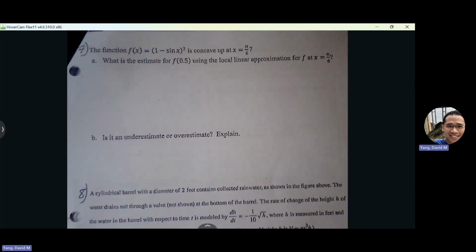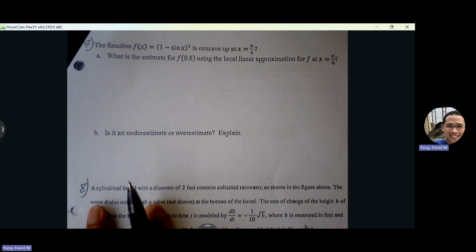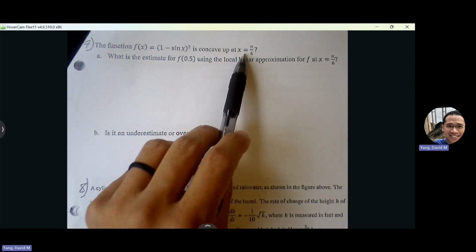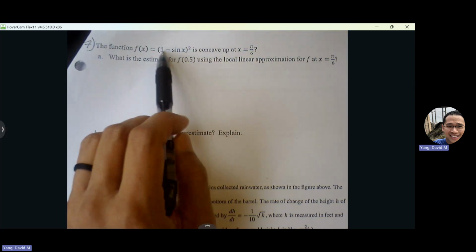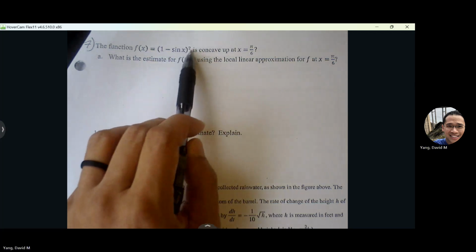As you build your tangent line equation, you shouldn't need a calculator. We should be able to build our tangent line equation from exact values. Okay, so see if you can start this problem here on your own. Find your ordered pair from your function, build your derivative. What rule do we need to build the derivative here? Chain rule, yeah.